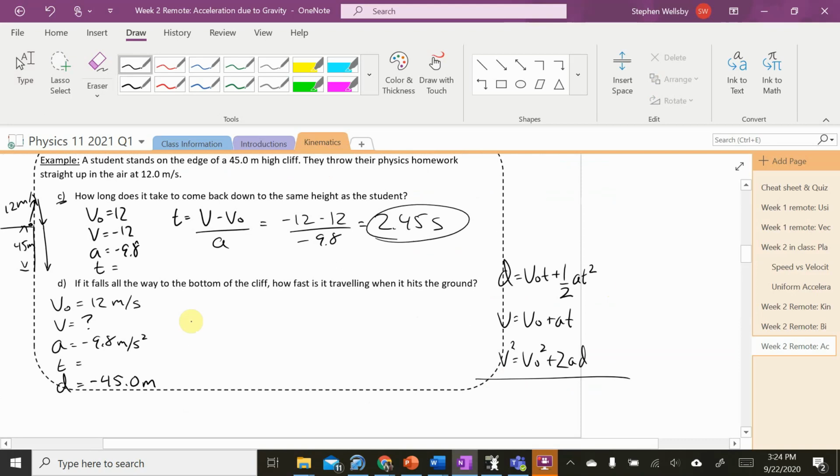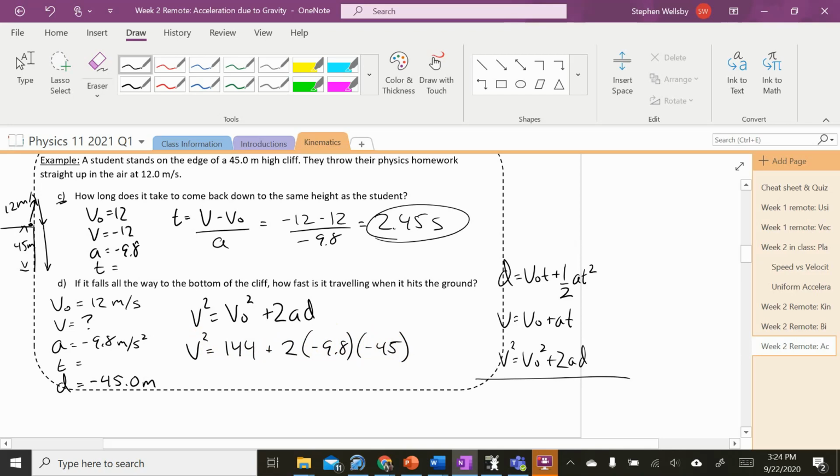So let's give it a shot. v squared equals v naught squared plus 2ad. v squared we don't know, but we do know that v naught squared is 12 squared. I'm just going to call that 144, plus 2 times negative 9.8 times the d, which is negative 45.